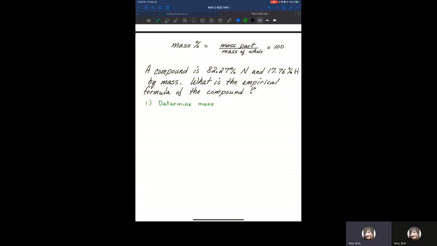So I'm looking for the mass of N and of H. Again, I'm going to assume 100 grams of sample.